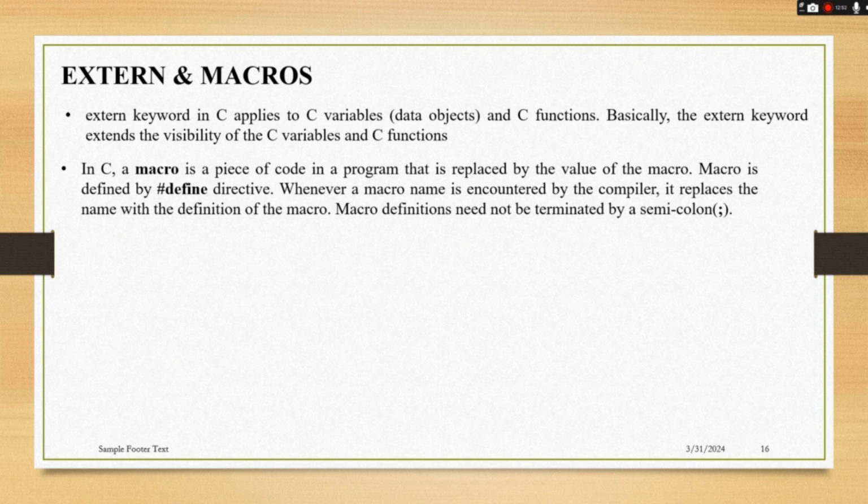Extern and macros. Extern is a keyword in C, applies to C variables and C functions. Basically, the extern keyword is used for the visibility of a C variable and C function.